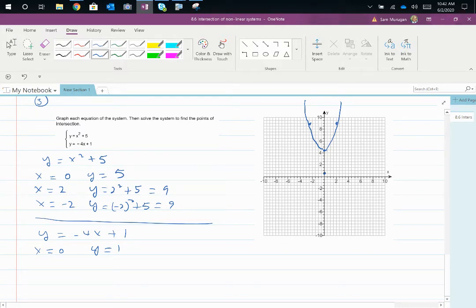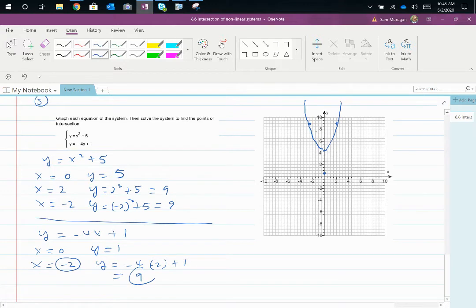And this is a negative slope graph, so you need a point on the left. So how about when x is equal to, say, perhaps negative 2, y is equal to negative 4 times negative 2 plus 1, which is equal to 9. So we have negative 2 and 9.